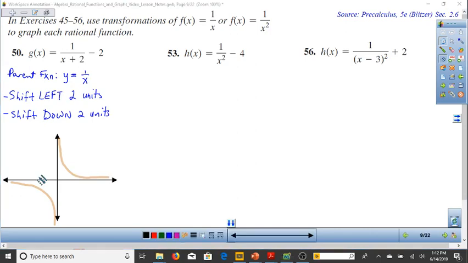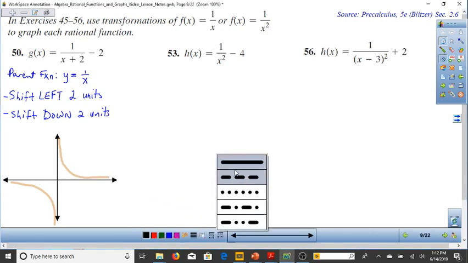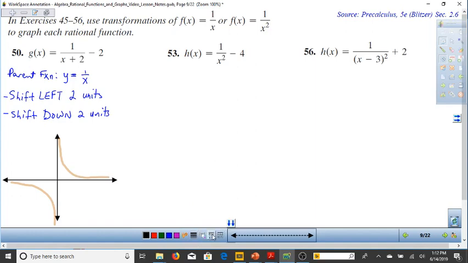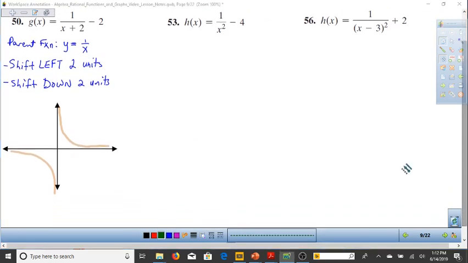So what that will do now is create 2 different asymptotes. The original asymptotes were the y-axis and the x-axis. The y-axis has equation x equals 0, and the x-axis has equation y equals 0.